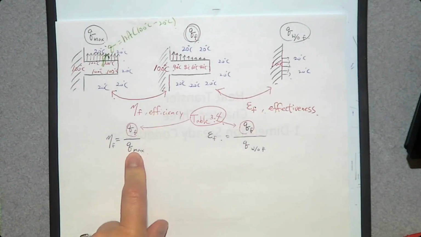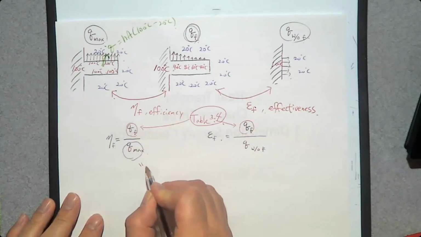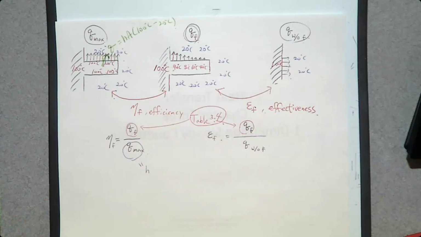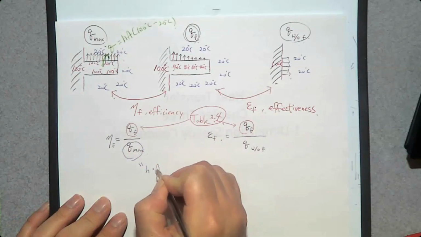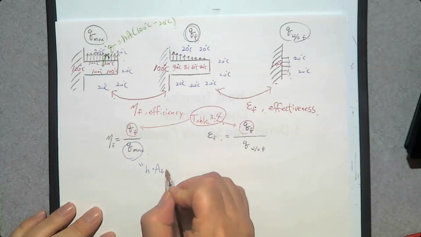Then what about this Q_max? This Q_max can be determined by Newton's law of cooling, which is h, the convection heat transfer coefficient, times the area of the fin, so the entire area of the fin, times the temperature difference.